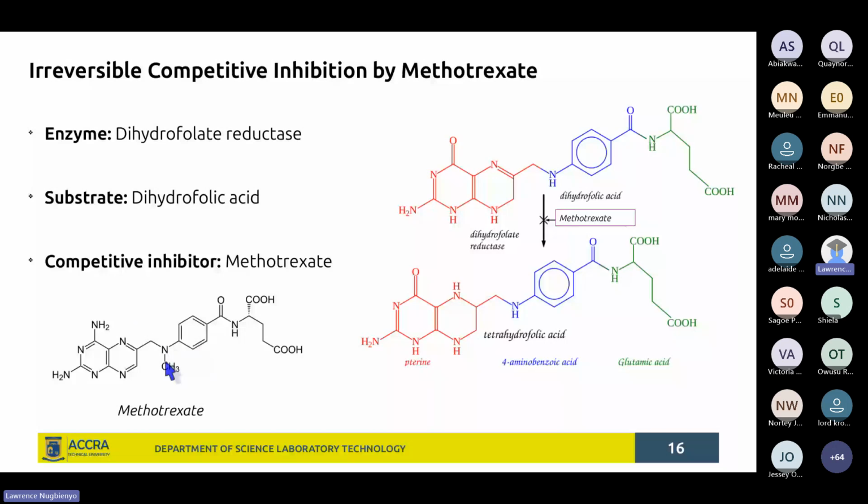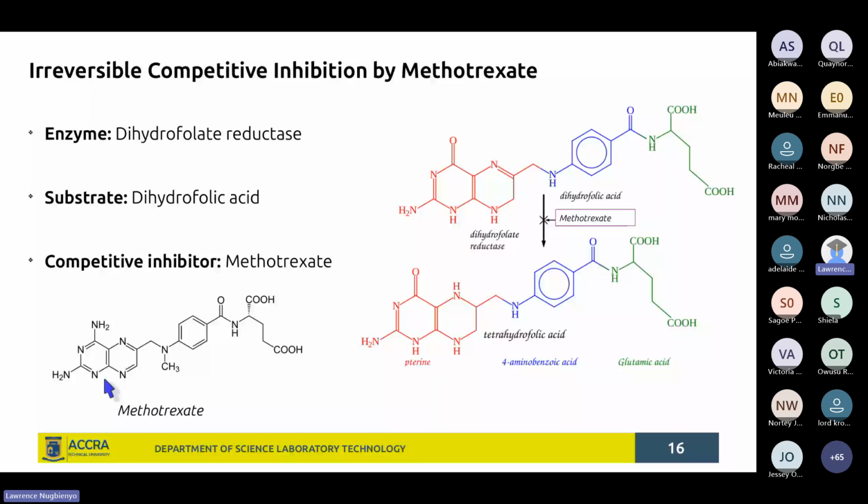Okay, maybe you can also see that there's a double bond with this nitrogen in the second ring, but here there is rather hydrogen on the two nitrogens of the fused rings, but in methotrexate you don't have any hydrogen on those nitrogens. They rather have double bonds on them.